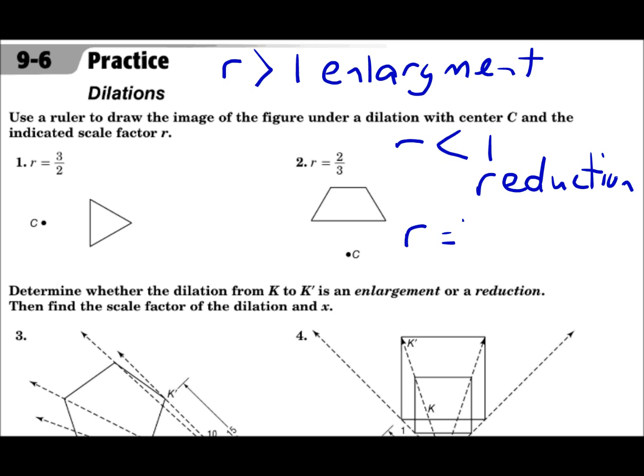And if R equals 1, nothing changes. It will be a congruence. So R is the scale factor. If it gets bigger, it's an enlargement. Smaller is a reduction. And if it doesn't change, it is a congruence.